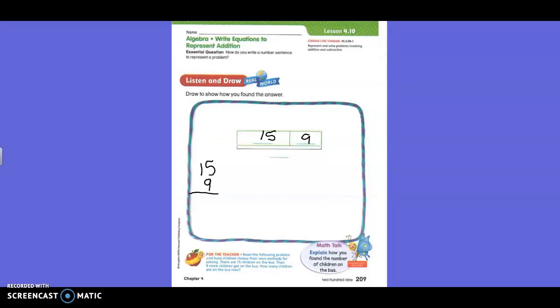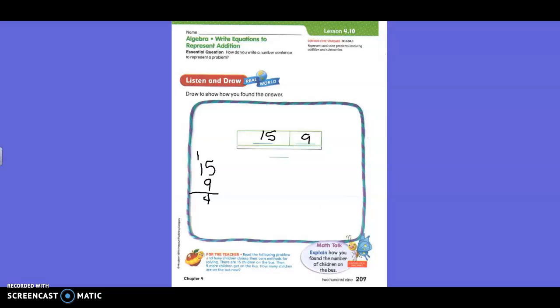So now you add up the ones. 9 plus 5. What is that, Isaac? No, 9 plus 5. I'm asking what 9 plus 5 is. Right, 14. So I put a 4 under the ones place and a 1 over the tens place for 14. Now what do I do, Kason?